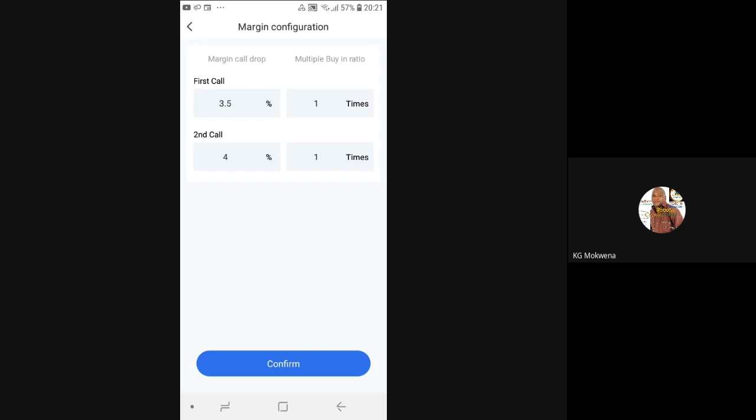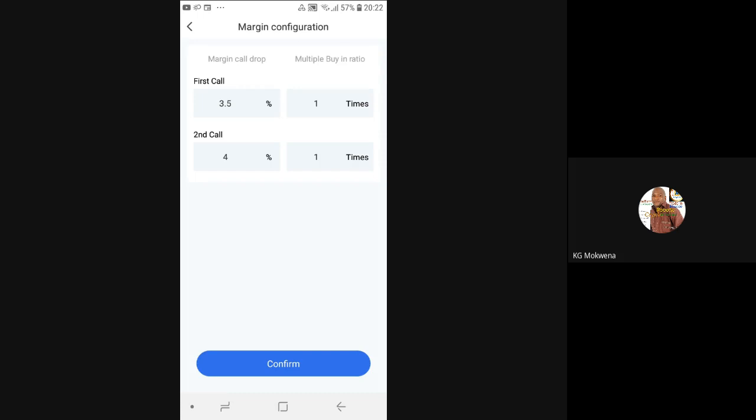So when 3.5% has been reached, the robot is going to buy according to the multiple buy-in ratio. You can see on the right-hand side, the table gives us 1 times for the first call, and again 1 times for the second call. That 1 times is according to the first buy-in amount. The first buy-in amount is $12.